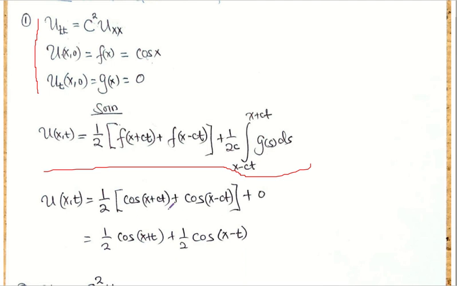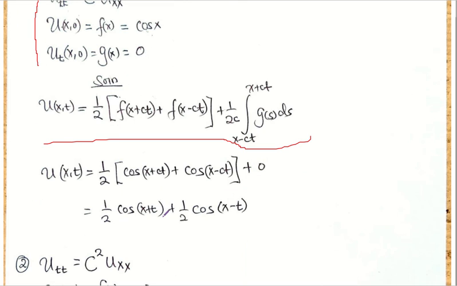Now in this particular case our solution will be 1/2 cos(x+ct) plus 1/2 cos(x-ct).